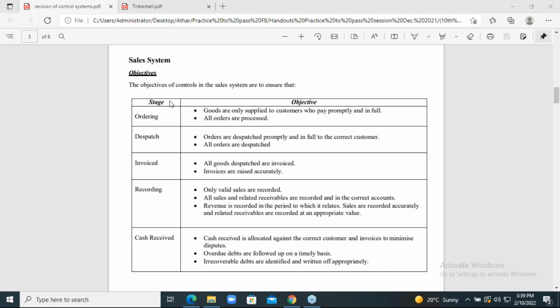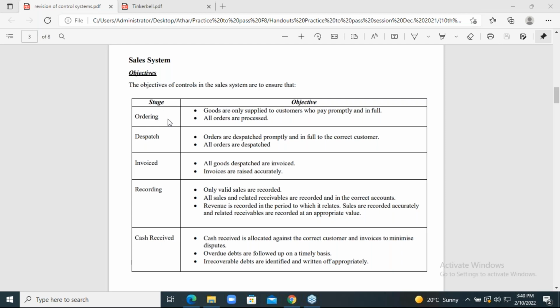In a sales system, you can see there are 5 stages. First stage is ordering system, second is dispatch, third is invoiced, fourth is recording, and the fifth one is cash received. Now these are the 5 stages. First of all, the most important thing is: what are the objectives of the ordering system?